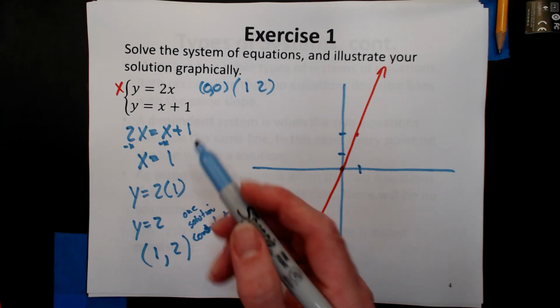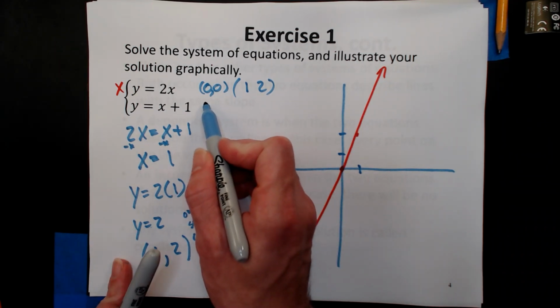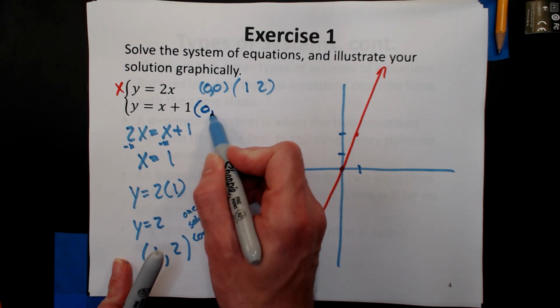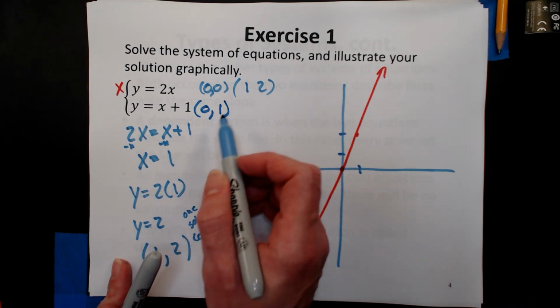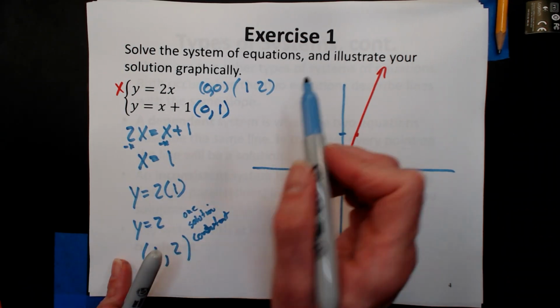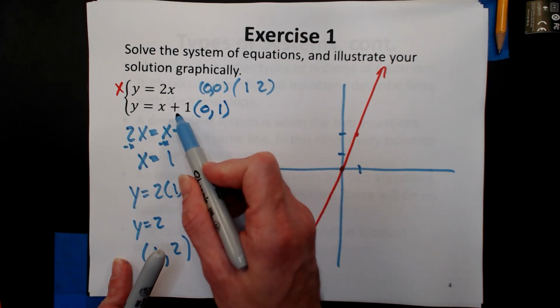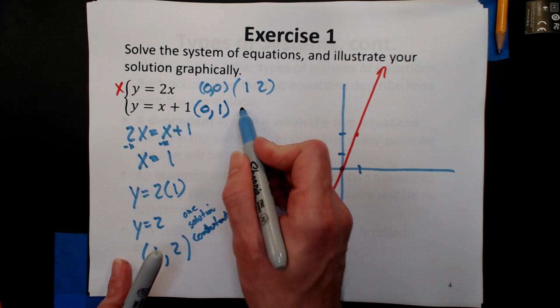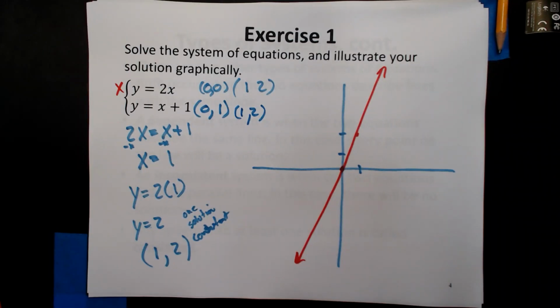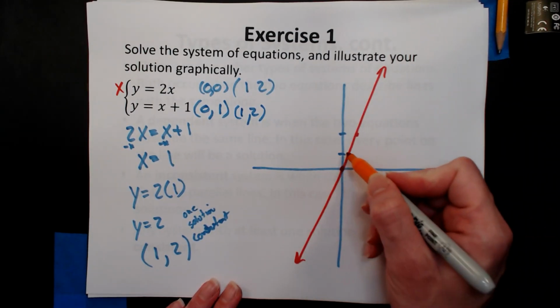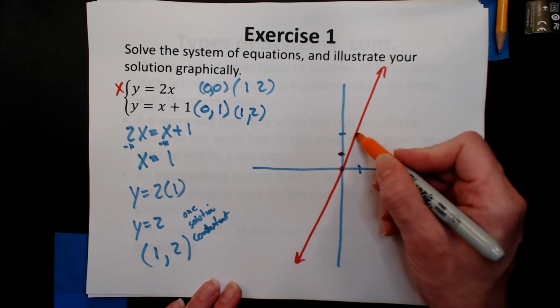Next one, I can graph, it's going to have a y-intercept of 1. And if we plug in 1 for x, we're going to get 2 back out for y. So I'm going to plot the point (0, 1), and then this point as well.